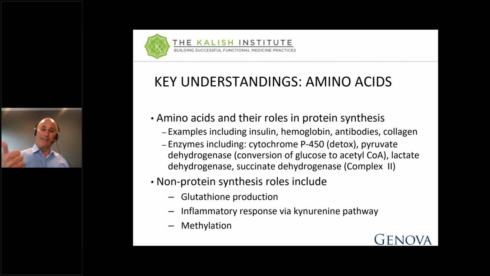Glutathione production, you need glycine, glutamine, and cysteine. The inflammatory response, you need tryptophan. For methylation, you need these 5 that I'll show you in a minute in the single carbon pool. So we usually think about amino acids in their non-protein role, but it's important to think of them both ways.